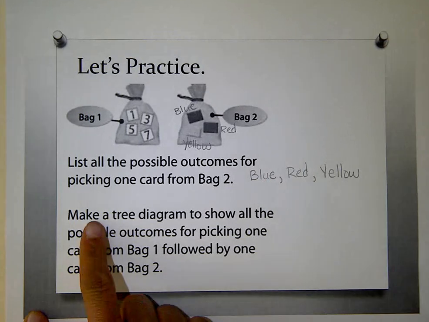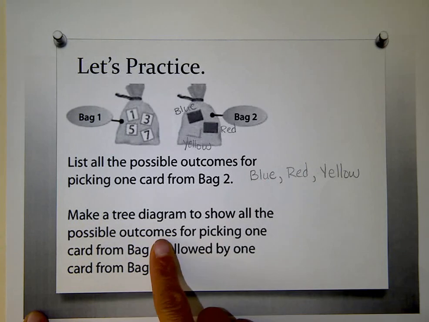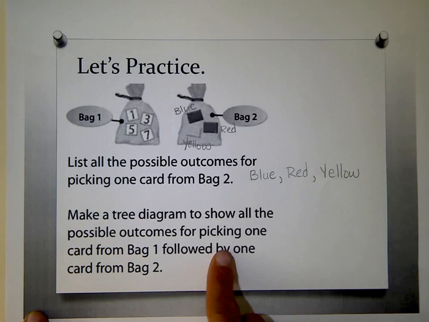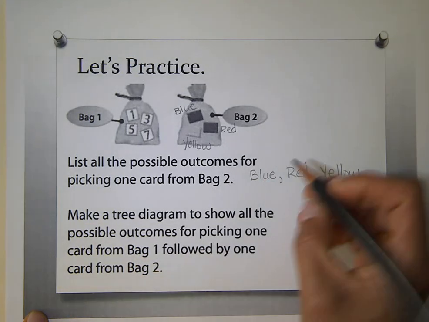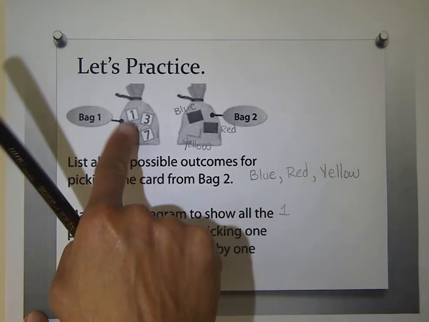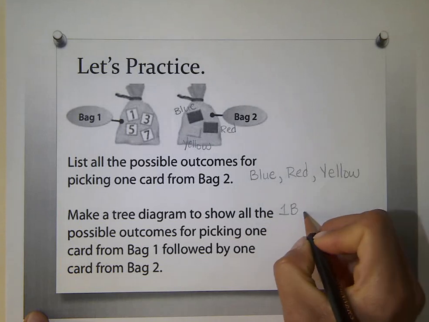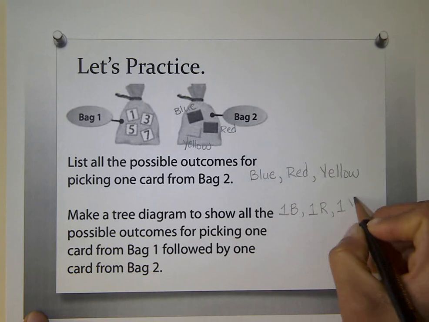Make a tree diagram to show all the possible outcomes for picking one card from bag 1 followed by one card from bag 2. If I had a 1 from the first bag, it could be with a blue card, 1 with red, and 1 with a yellow.